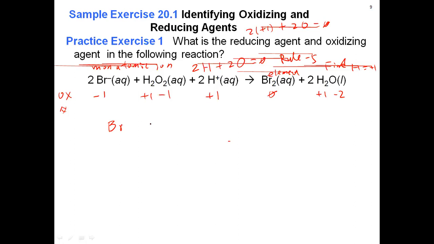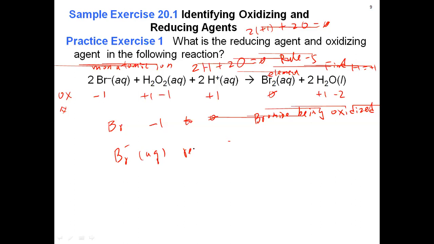The number goes from -1 to 0. The number increases, so Br has been oxidized. So whoever has the element being oxidized, this Br negative aqueous, is our reducing agent.